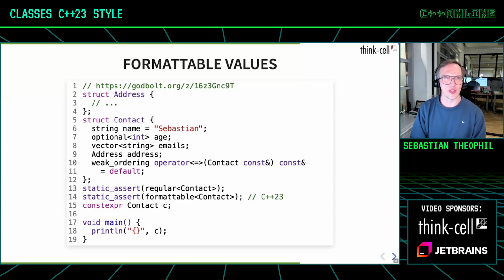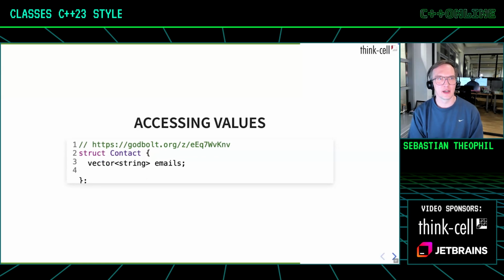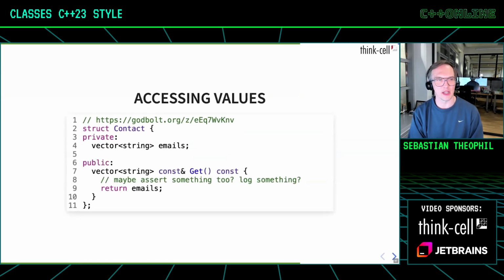Cool. So that leaves one last feature that I also think is pretty great, and it does solve a very annoying, or part of a very annoying problem. So let's say we have our nice value type here, contact, and we want to access the emails. So here, this is just a public member variable. Maybe that's good enough for you, but very often we want to make that member variable private and hand out the emails by writing a public accessor function.